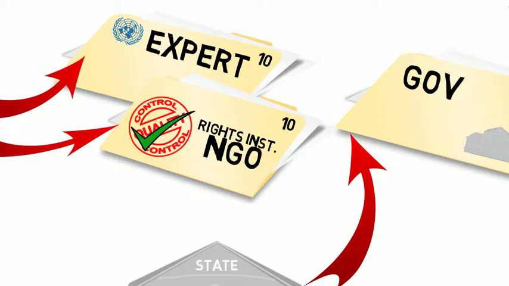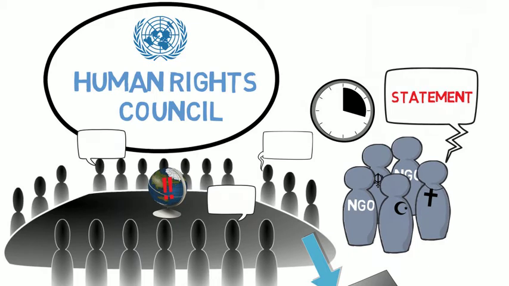Firstly, 3 reports are prepared, one from the government concerned, one from UN experts, and one from civil society and national human rights institutions. The Human Rights Council then has a 3.5-hour discussion of these reports. UN-accredited civil society organisations can observe these review sessions and often organise seminars and lobby meetings in connection with them.